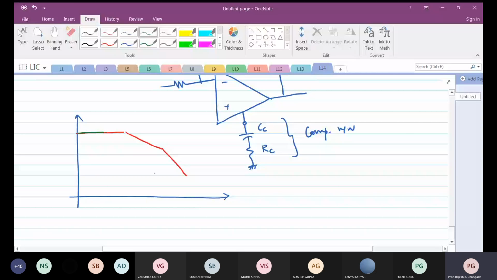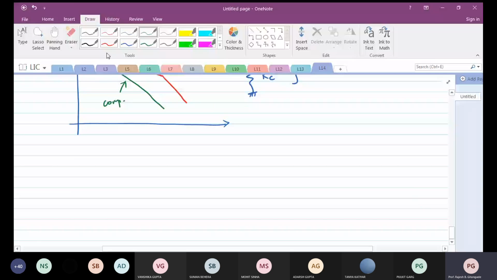So this is after compensation. What we are necessarily doing is modifying the frequency response of the operational amplifier with the help of external components.